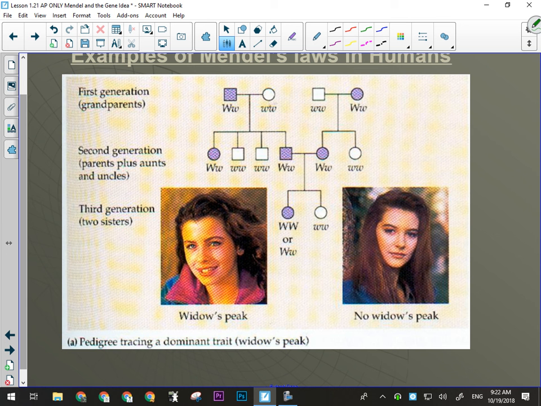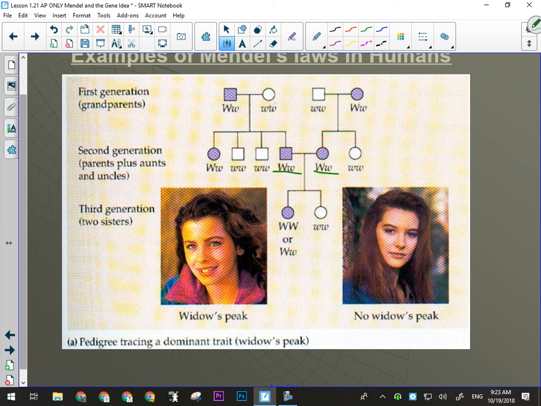For the other side of this family, the maternal side, the mom has the widow's peak and the dad has the widow's peak, but they had kids that were straight and then one that was widow's. That meant they both had to be heterozygous for the widow's peak gene.